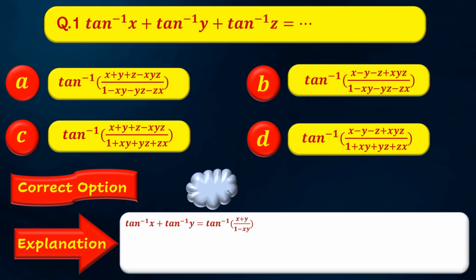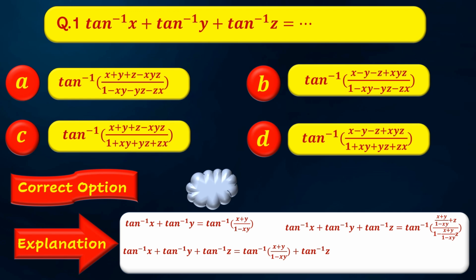Sum of two tan inverse functions is given by tan inverse x plus tan inverse y is equal to tan inverse x plus y over 1 minus xy. We add tan inverse z on both sides and apply the same formula for sum of two inverse tangent functions on RHS, and we get tan inverse a plus b over 1 minus ab.